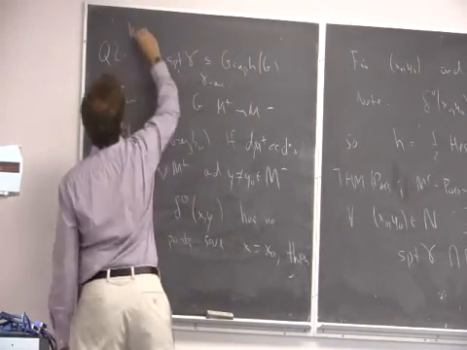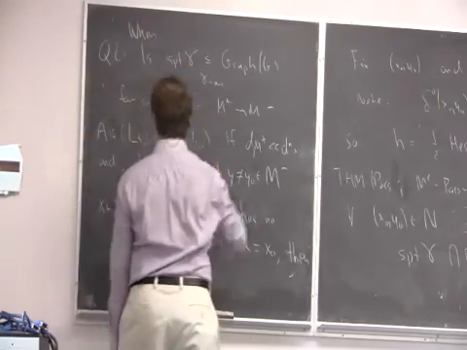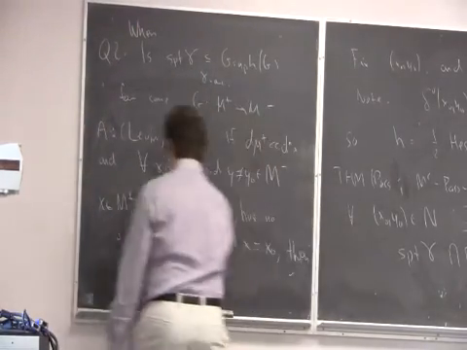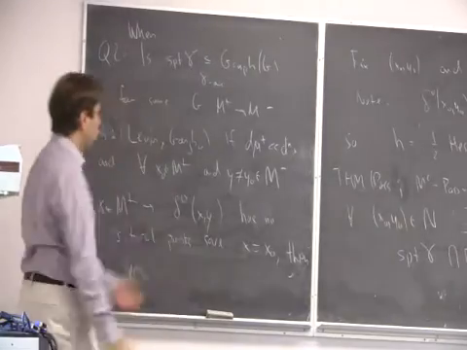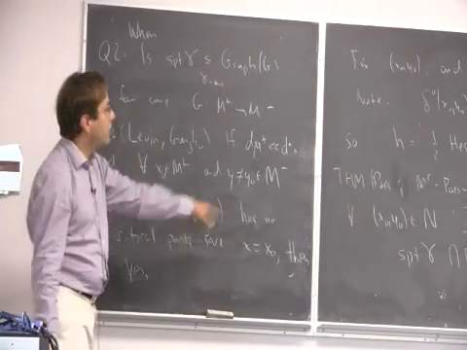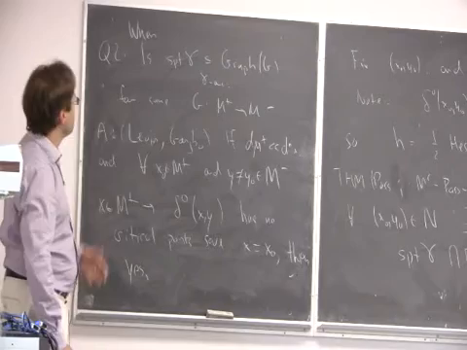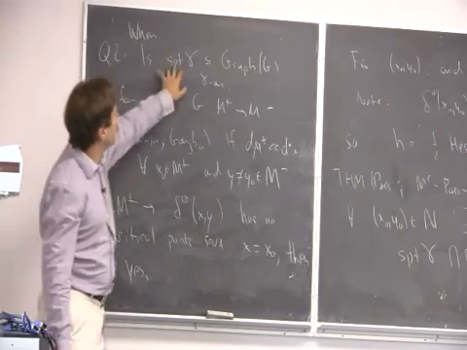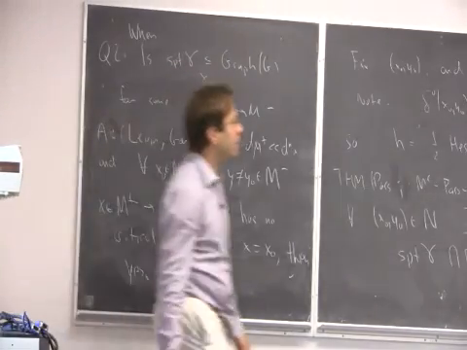So let me rephrase this. When is that true? So somehow the critical point structure of the function delta naught is enough to guarantee that the support of gamma is contained in the graph of a map.